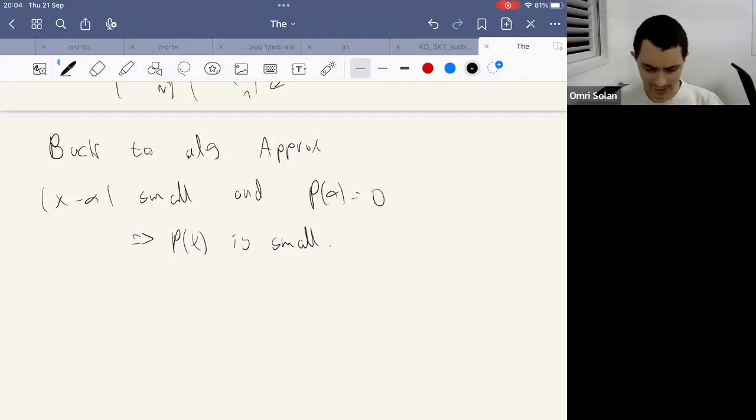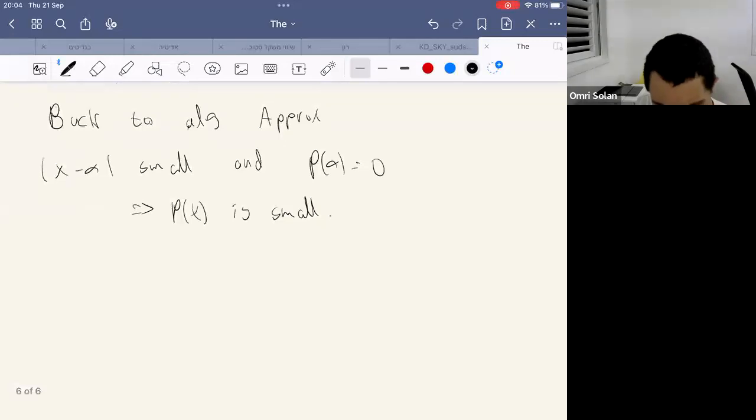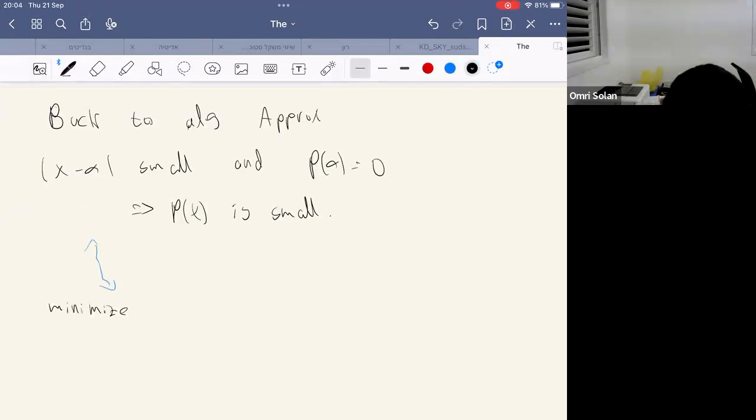We need to understand some orders of magnitude, but it follows. And so instead of trying to minimize x minus alpha, this is equivalent to trying to minimize p of x for p inside Z.